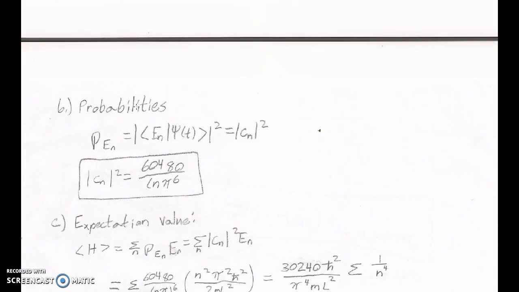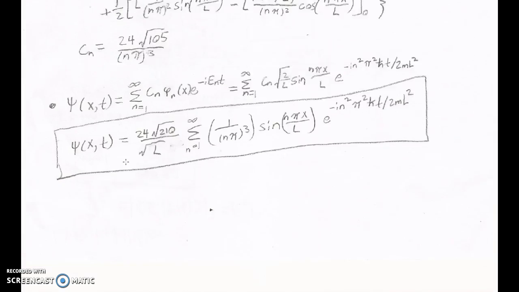So the next part asks for the probabilities of energy measurements. The probability of E_n is just the modulus of c_n squared.